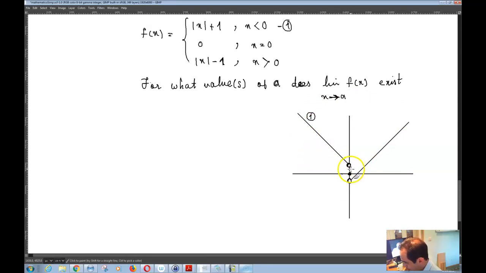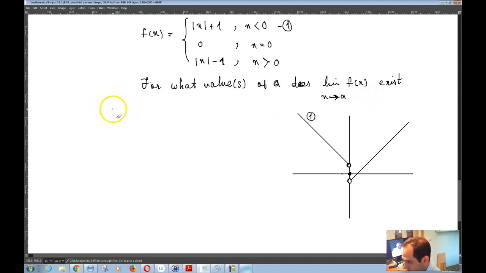So as you can see, when x tends to 0, of course the limit of f of x does not exist, because over here approaching 0, your function is giving you the value around 1, and over here it's giving you negative 1. So at x is equal to 0, the limit does not exist.